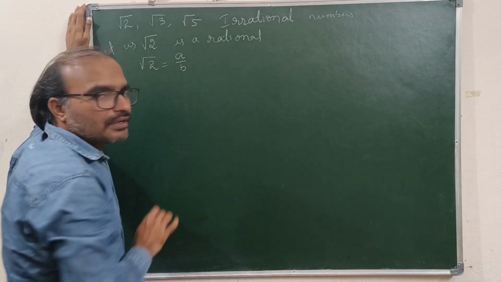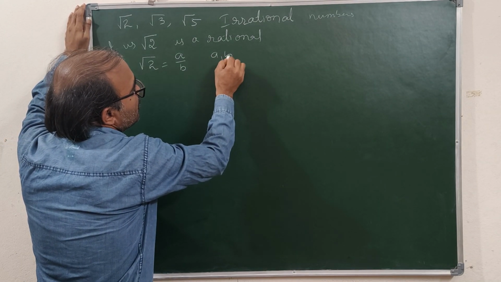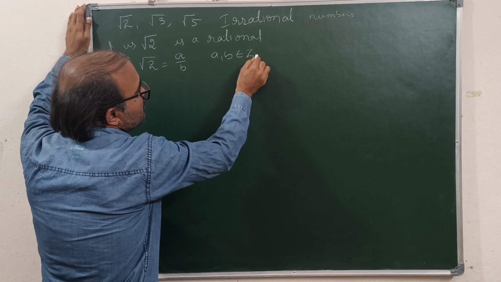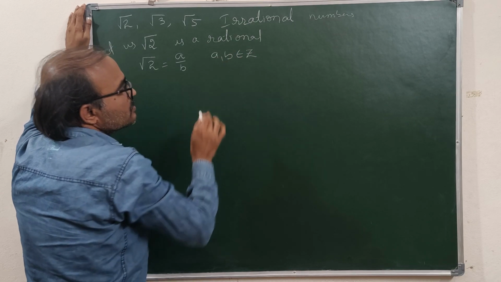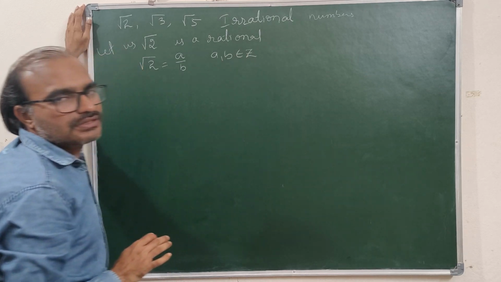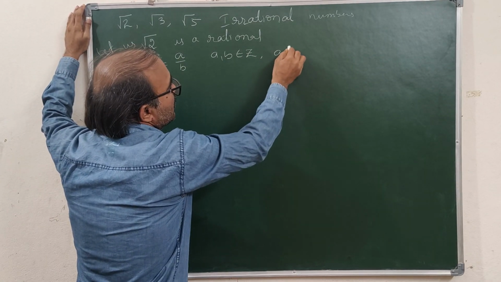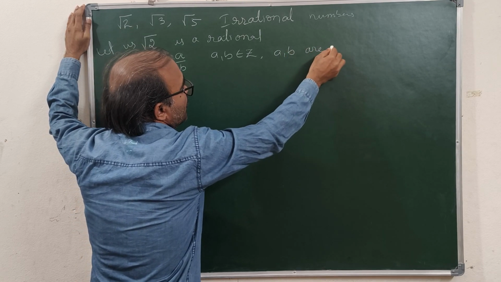As you have learnt in 8th class. And also you have to mention a comma b are integers, which means a comma b belongs to Z, the set of integers, and a comma b are co-primes.